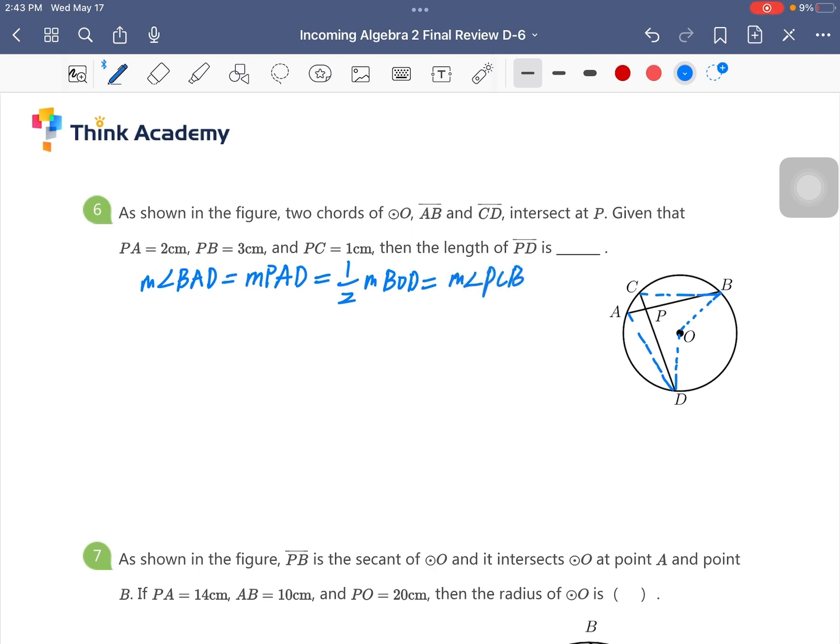So PAD equals PCB, and angle APD equals angle BPC. So we can have triangle APD similar to triangle CPB by AA.